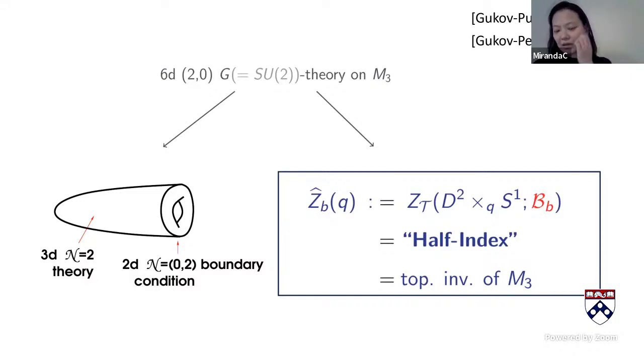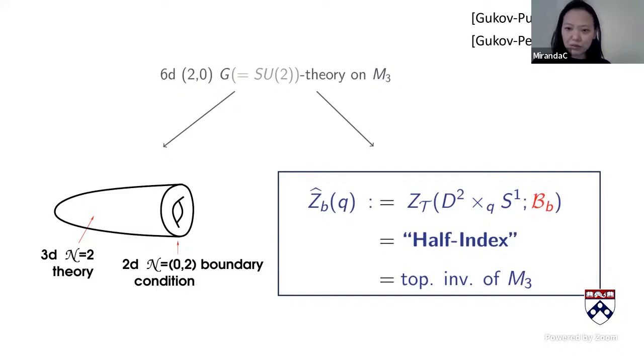So the boundary is a torus, and then you need to specify the boundary condition that doesn't break supersymmetry. If you compute the supersymmetric partition function in this space-time of this theory, then it's called the half index of the 3D theory. Then their proposal is to consider this half index, with a supersymmetry-admissible boundary condition labeled by this B label, and then you get something that's a topological invariant of 3-manifolds.